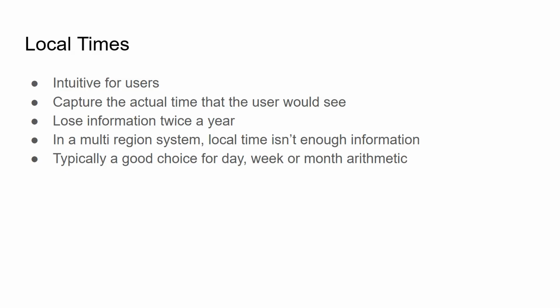But one of the problems is that local times lose information twice a year, depending on the region that you're in. I live in New Zealand, and twice a year, once in spring and once in autumn, we have daylight savings changes, and that can mean that you either have a part of the day that doesn't exist in local time and another part of the day that exists twice.